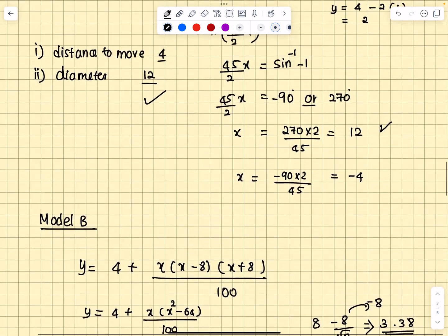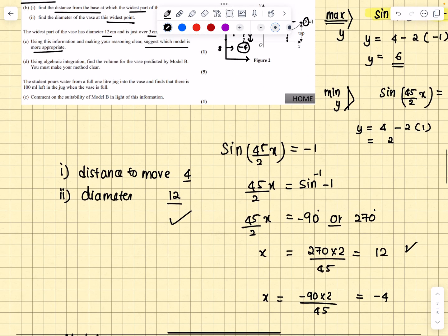But what they did is they poured water from a full 1 liter jug, which is 1,000 milliliters, into the vase and finds there is 100 milliliters left in the jug when the vase is full. So 1,000, but 100 hasn't been poured in, so 900. So it's approximately there or thereabouts.